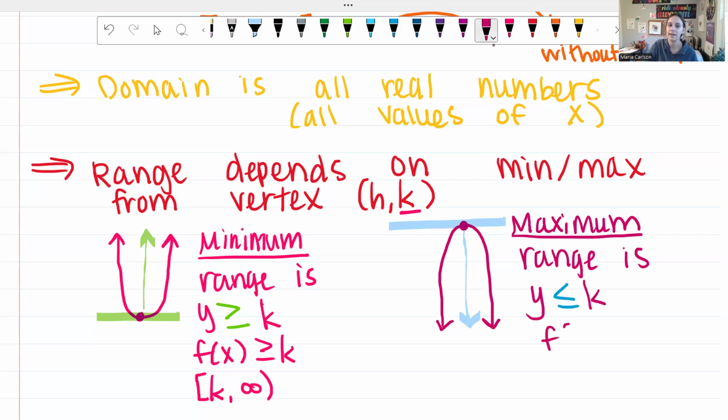Or I could say f of x is less than or equal to k. Or if I'm reading from the bottom to the top, I have all of the negative numbers I could possibly imagine. Our range is all of the negatives, so negative infinity all the way up to whatever this k is, and then it stops right there.